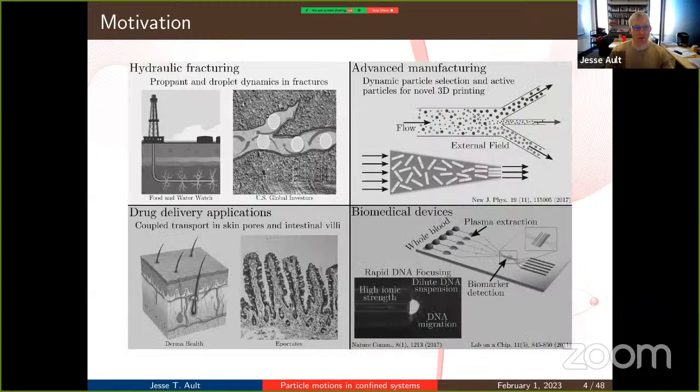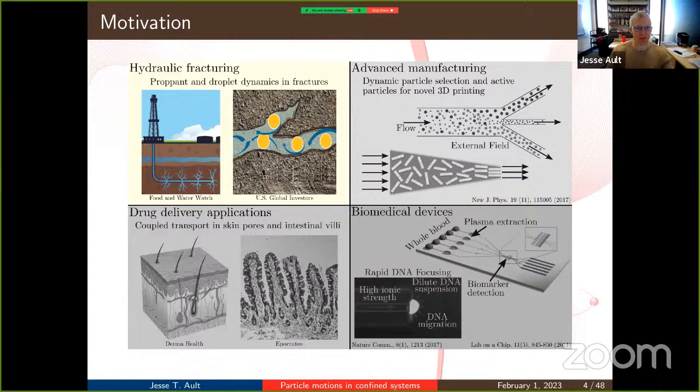The motivation for this type of work is varied. You can consider what types of systems have particle dynamics in fluid in confined geometries. You can think about something like a hydraulic fracturing system where you have all these tiny fractures and it's difficult to drive flow into such tightly confined spaces.